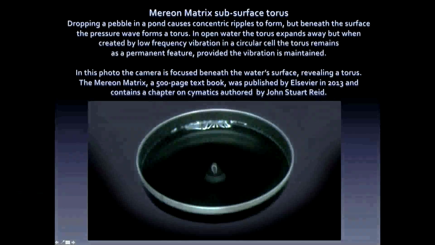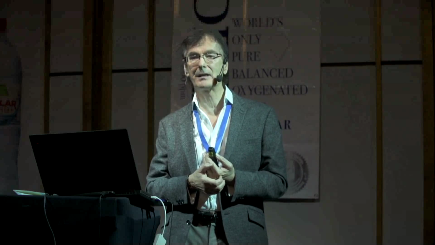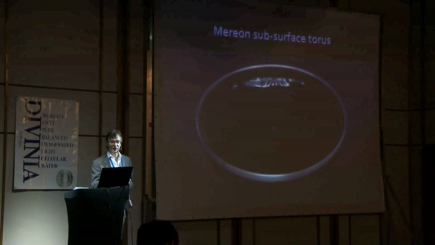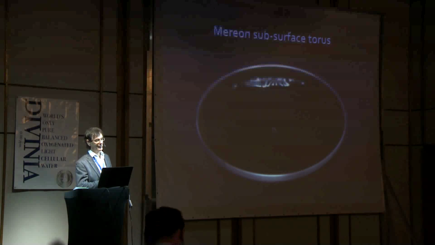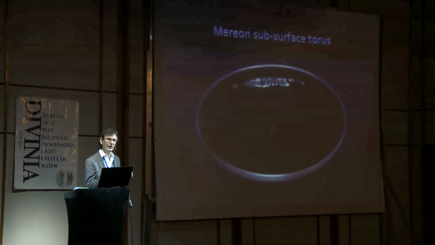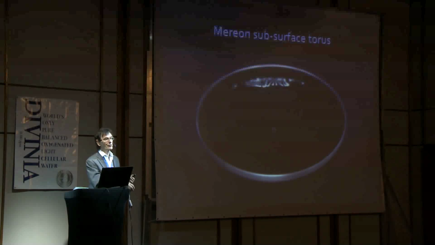So what happens when that water droplet re-enters the water is that it's a percussive action, of course. It enters the water with some force, and it creates a pressure wave in the water. And the result is a torus, as you can see, a toroidal feature, which you might have expected, thinking, well, okay, you've got a percussive drop of water hitting the surface, going slightly under the surface and creating a pressure wave.